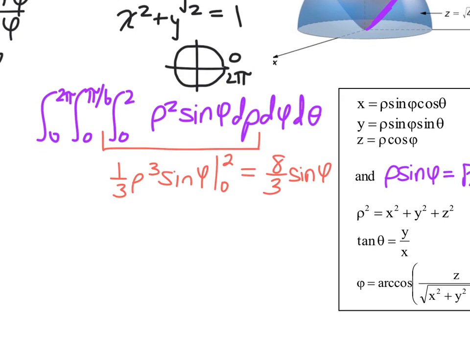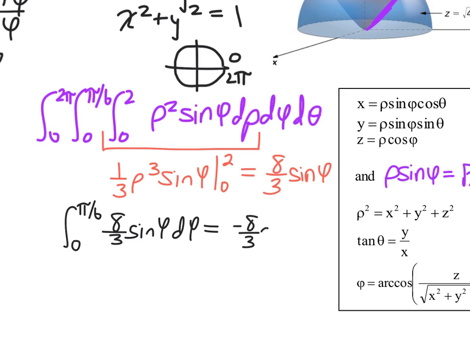Then I'm going to integrate, we'll do it a piece at a time here, from 0 to pi over 6, the 8/3 sine of phi d phi. So it's going to be negative 8/3 cosine phi, I think, on 0 to pi over 6. All right, so I pop in the pi over 6.